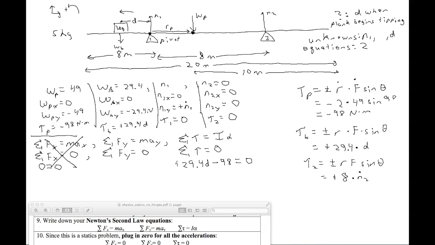Good. We should plug this in with the positive sign to make sure we're thinking about the signs. Okay. And then what? So then I would solve for D. Good. So then D equals 3.33 meters.